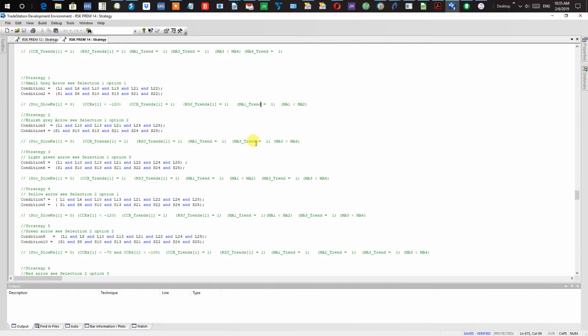Okay, so both the MA1 and the MA3 have to have a negative trend, and in this case, the MA3 has to be above the MA4, and that's on a different chart. So this is a secondary set of conditions that frequently prevail when we want to execute our trades.